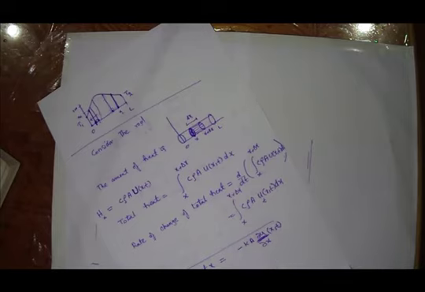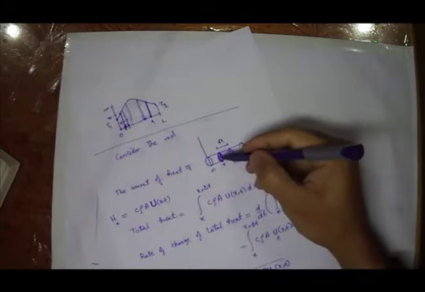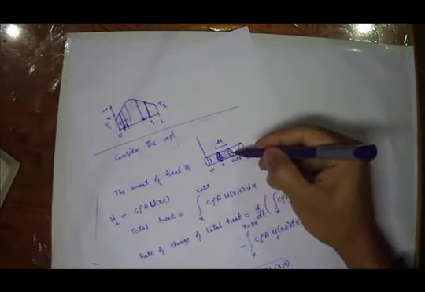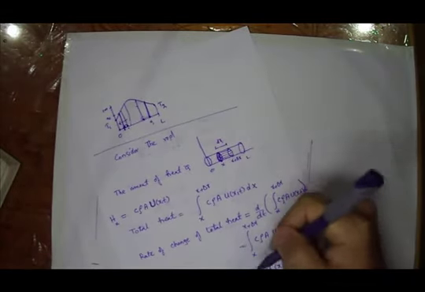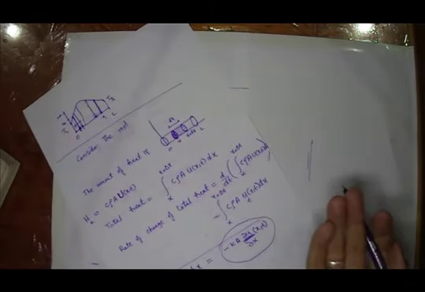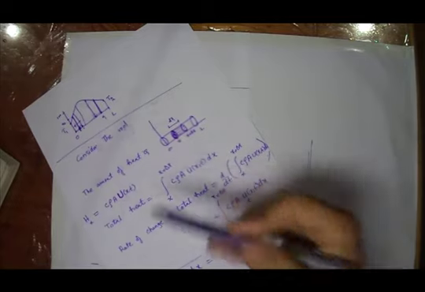the total heat which passes from the point x toward the right in 1 unit time is given by this relation. If you want to calculate how much heat is passing through point x in 1 unit time, we will calculate this quantity.